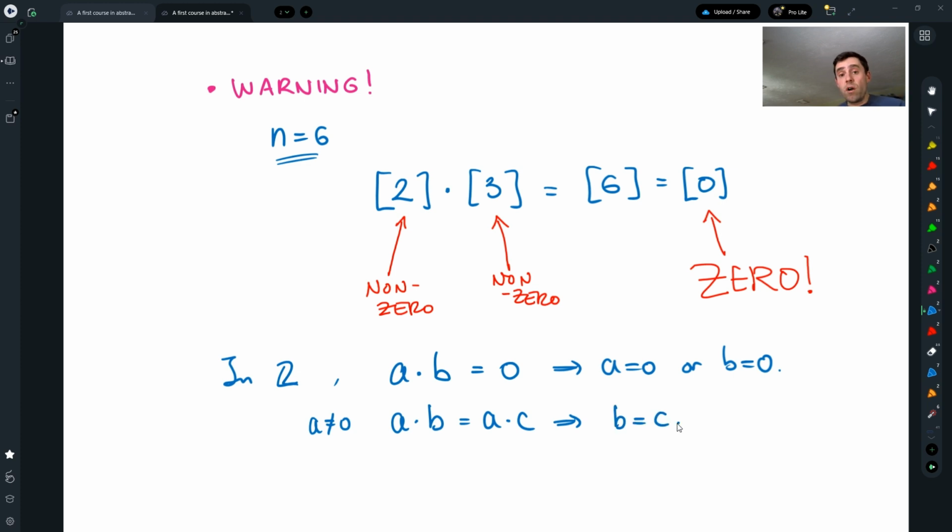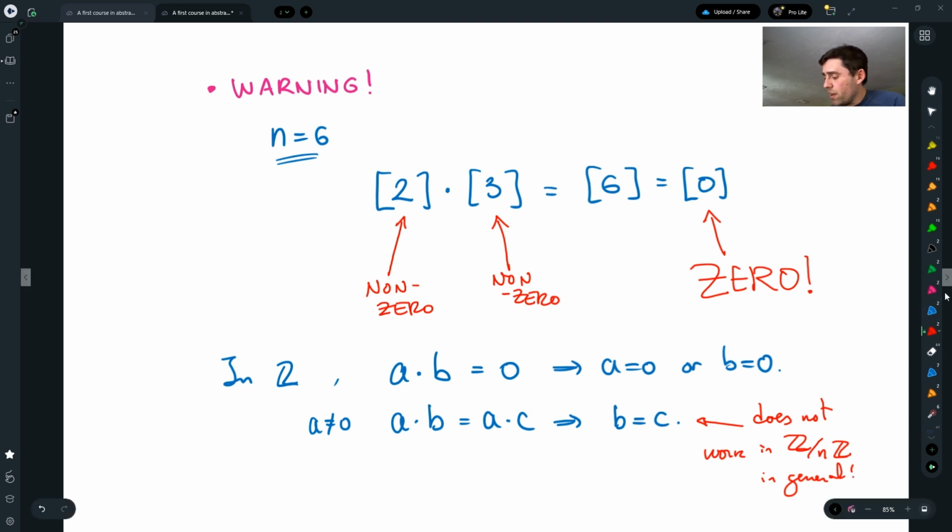The cancellation laws rely on this fact, but this property does not work in Z modulo nZ in general. So we will have to be careful about that.